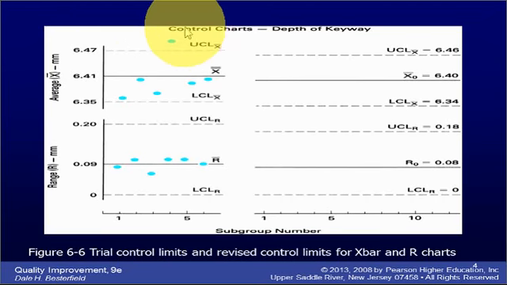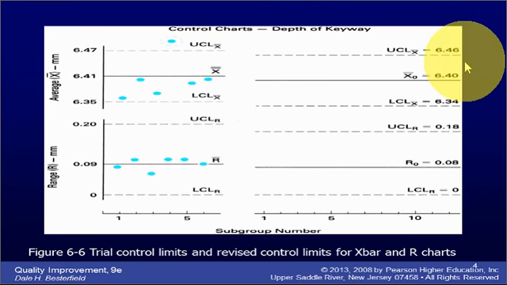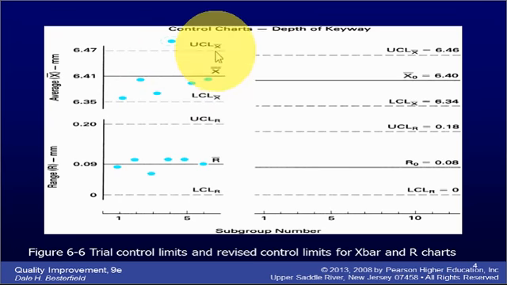So here is a comparison of the trial control limits and the revised control limits. For example, for this X bar, the upper control limit and lower control limit are shifted down a little bit from the trial control limits. And this updated X bar, the X bar 0, is also shifted down a little from the X double bar.